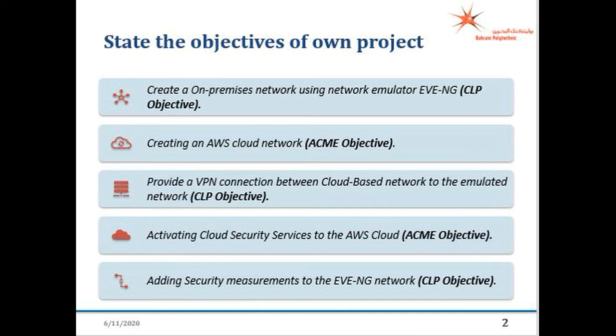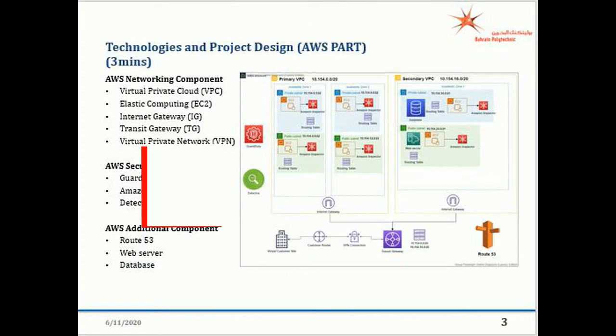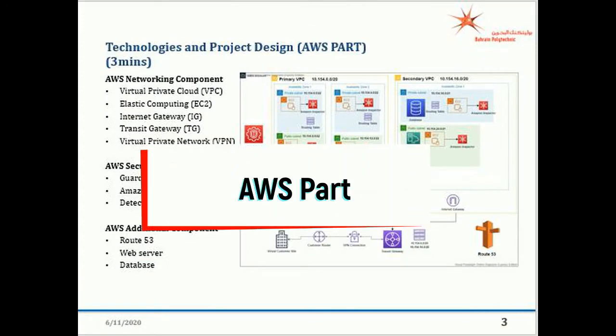Polytechnic considers AWS as an MIS project. That's why I have added a whole networking part and integrated this part with the AWS cloud. For the parts of the project proposal, all parts have been completed and it will all be explained in the next slides.